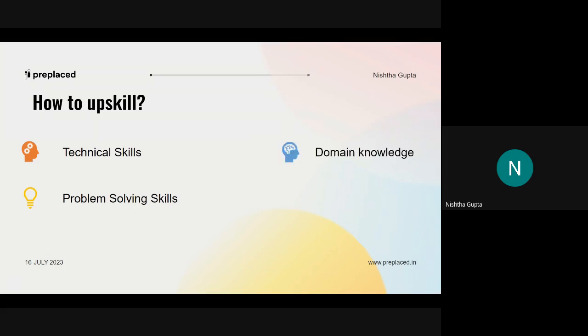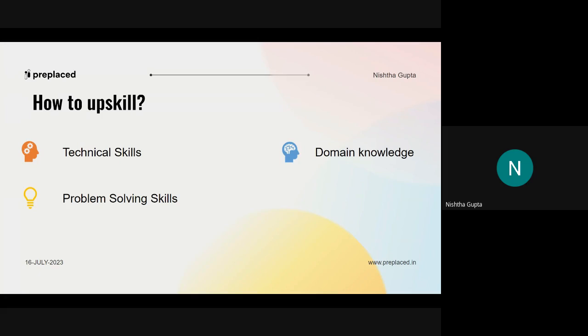Next is domain knowledge, right? Here, most people come to me and say they have to apply to a particular organization, but the organization is demanding domain knowledge as well. For example, if somebody is applying to a pharmacy company, they would demand some pharmaceutical knowledge. If someone is applying to an FMCG organization, they would demand some domain knowledge there as well.